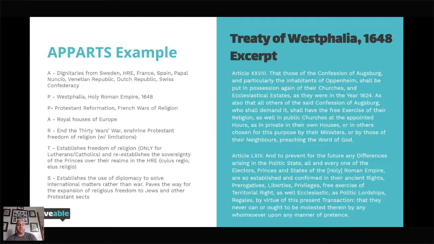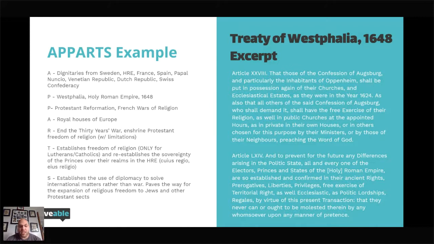And so what I always tell my kids is when they get a document that has got that flowery language, right? Try to take out the descriptors and leave just the basic subject and verb, right? And then you should be able to understand it a little bit better. Okay, so if you look at the second part right here, and to prevent any of the future differences arising in the political state, all and every one of the electors, princes, and states, we don't need to know that.